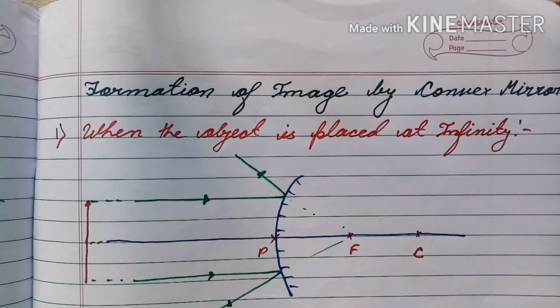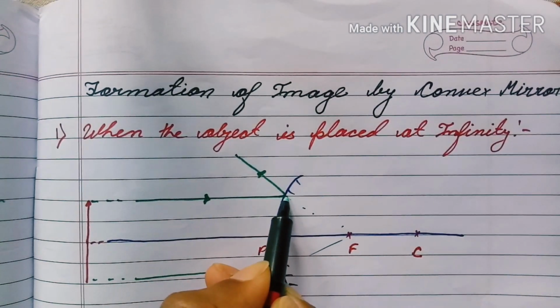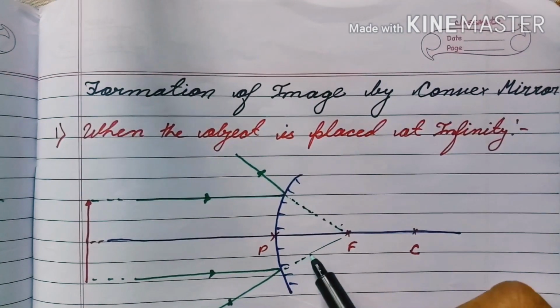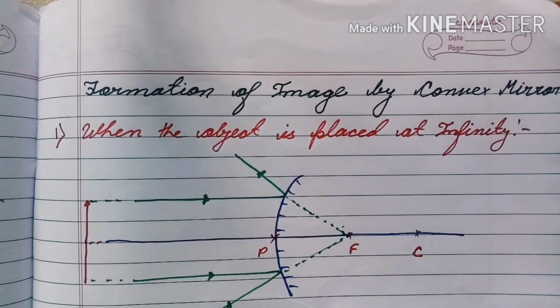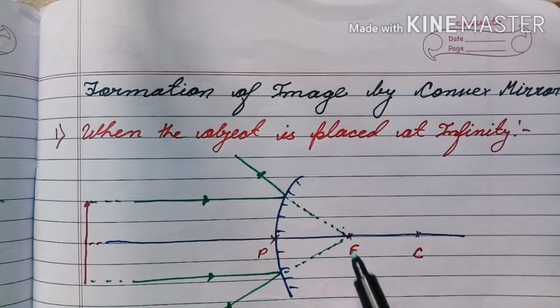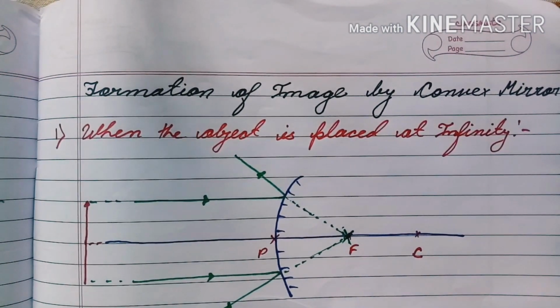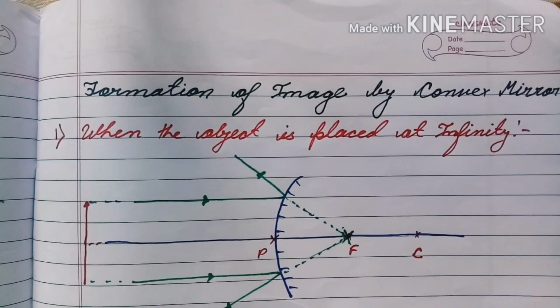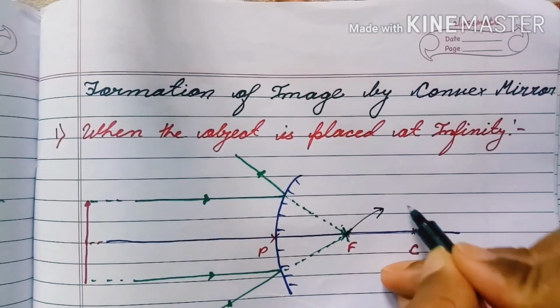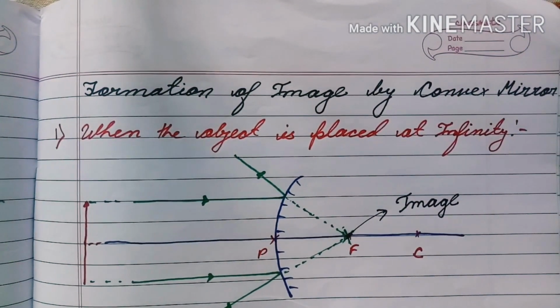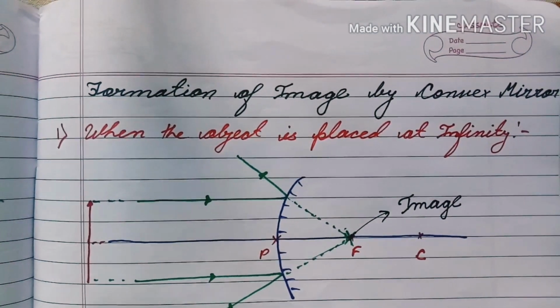Then, students, as we extend both these light rays backward, we will see they intersect each other at this point, and this point is the focus of this mirror. So the image is formed here, and it is very small in size, like point size.